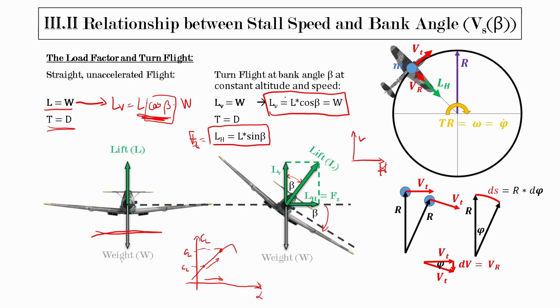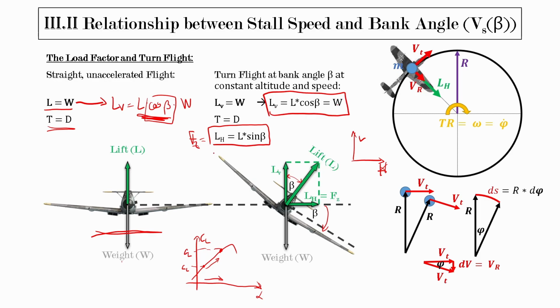And that means, as you can see, the vertical lift component decreases with increasing beta. The horizontal lift component increases with increasing beta. It's just simply the way sine and cosine work. Alright, so this is important that we've established that.